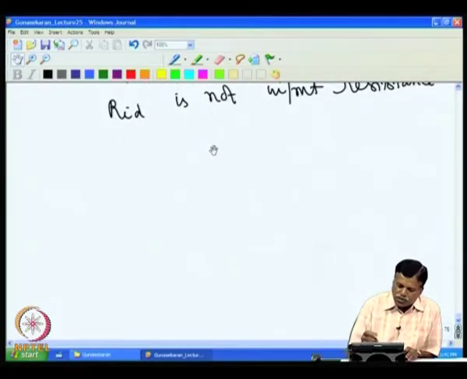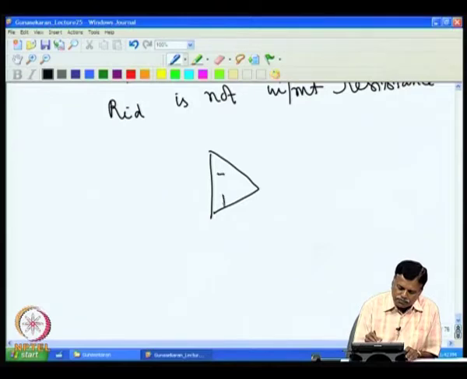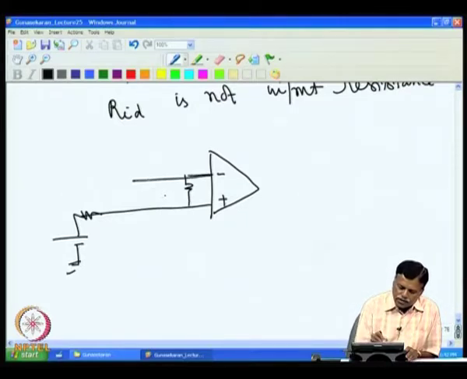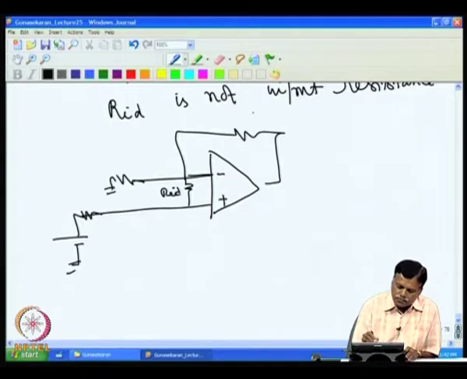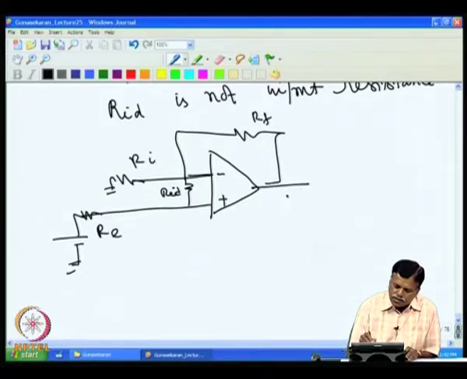So, how to find the input resistance? We can do it in the following manner. Taking this circuit, assume it has some internal resistance and RID, RF and R1, and this is the output.